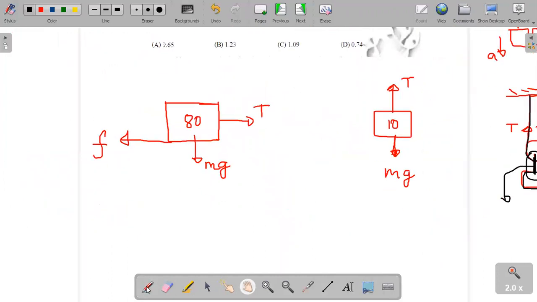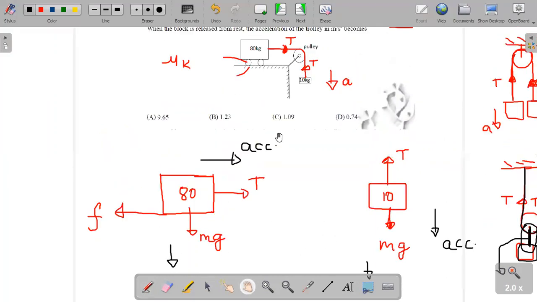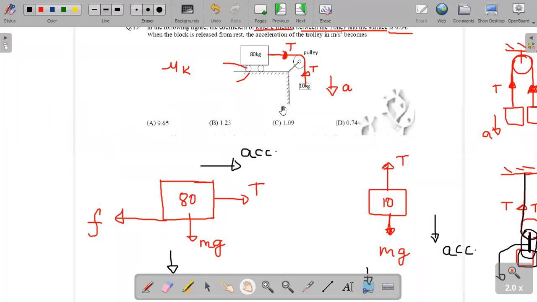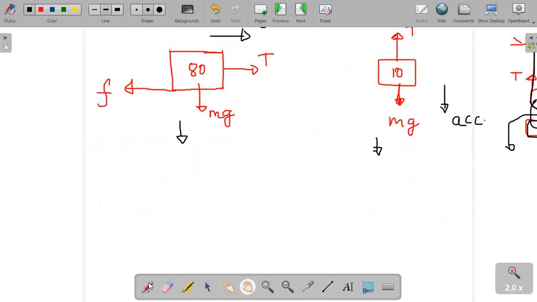So now after that, what should be the equation here? हाँ, इस direction में acceleration होगा. Obviously motion भी हो रहा है. So acceleration is in this direction, and acceleration will be the same because the string is the same. ठीक है? So what should your equation be?